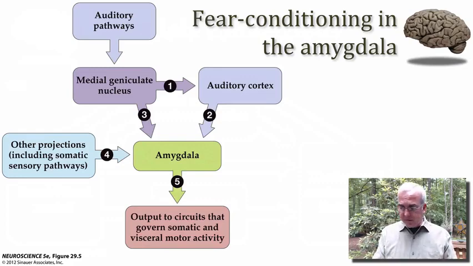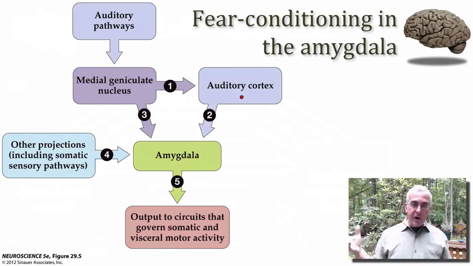Here's how these experiments typically go. An innocuous tone is presented to a laboratory animal, and that tone is neither particularly pleasant nor aversive to the animal, we imagine. It's just a neutral sensory stimulus.